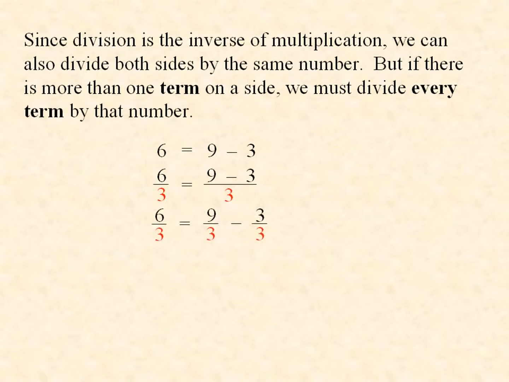On the right side, because of the way we subtract fractions, we have to distribute that 3 with each of the terms. That gives us 2 equals 3 minus 1, or 2 equals 2.